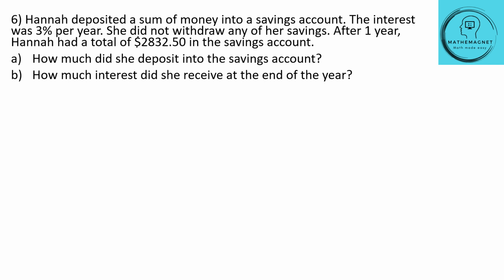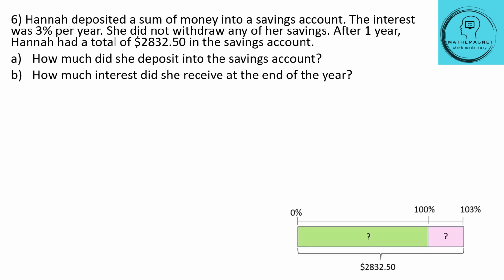So this is very similar to the previous question. Let's begin by drawing the bar model. Here we know 100% is the amount that she has deposited. Here you are again comparing how much the money has increased from the initial amount. So this 100% depicts the amount of money she deposited, and this has increased by 3%.